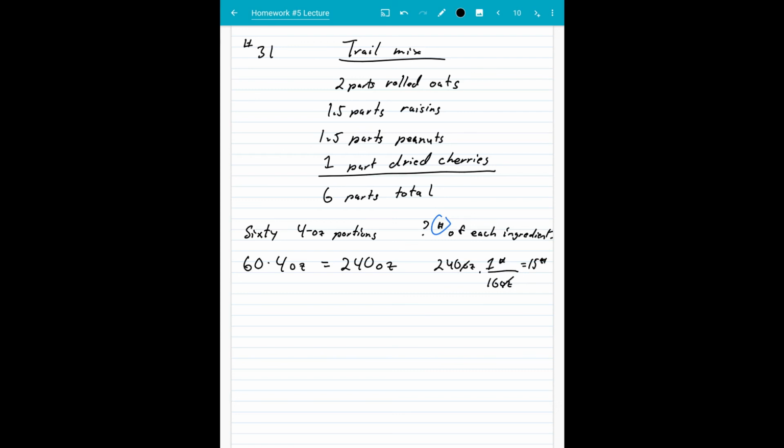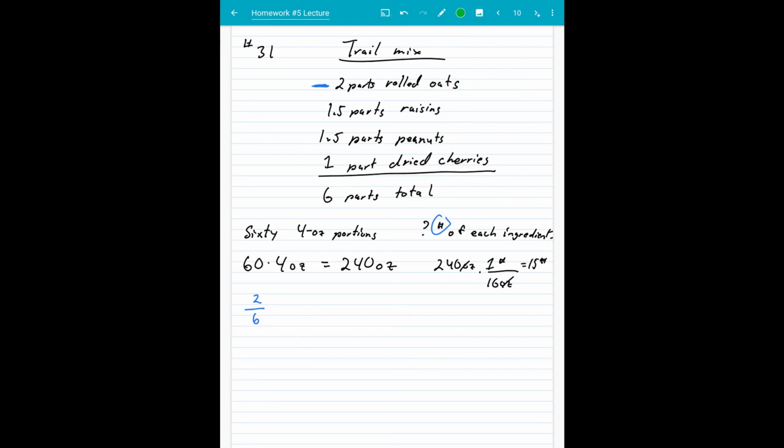Now here's where we want to figure out the fraction of each ingredient. Instead of setting up a separate proportion for each one, I want to find out the amount for every one of them. So let's look at the recipe. 2 parts of rolled oats. So for rolled oats, I'll do blue. This would be 2 out of a total of 6. So it'd be 2 over 6 represents the rolled oats part, which is 1/3 of the recipe.